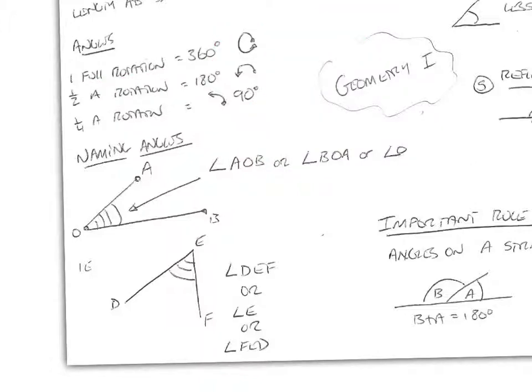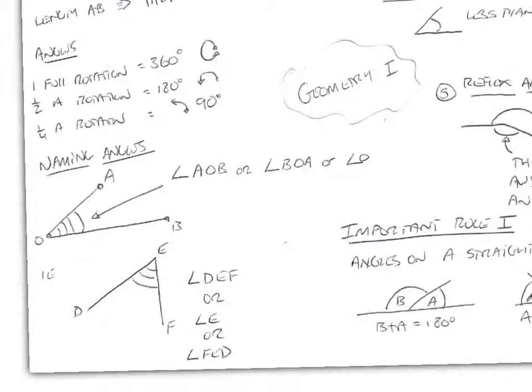So let's look at naming angles. Let's say we have a line OB, and that's joined at O to a line OA, and between the lines OA and OB we have an angle. How do we name that angle? Well, there are 3 ways we can name the angle.